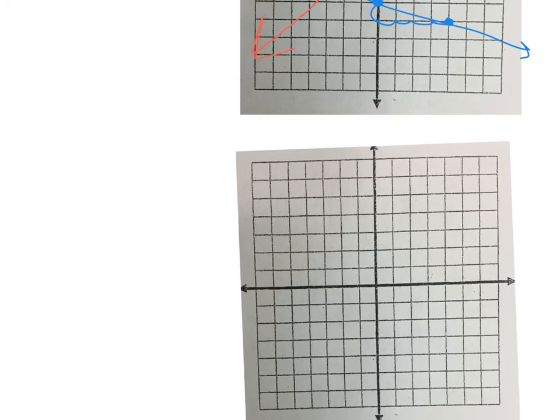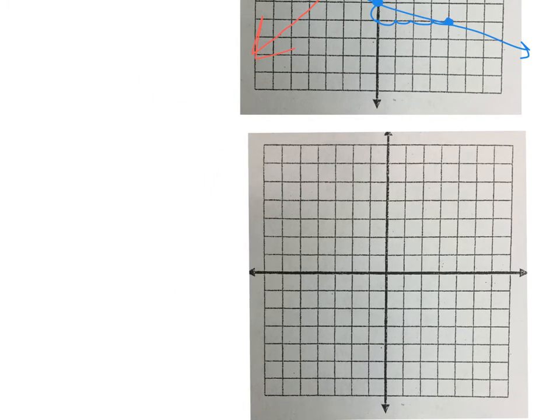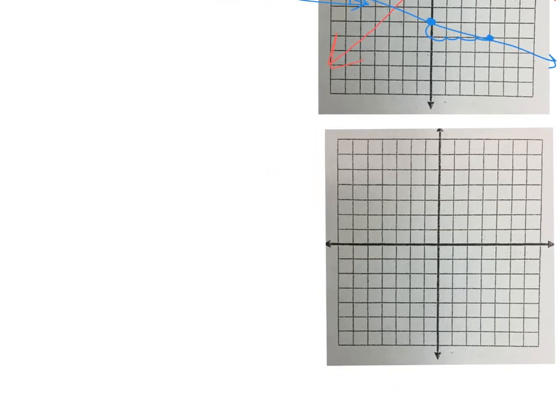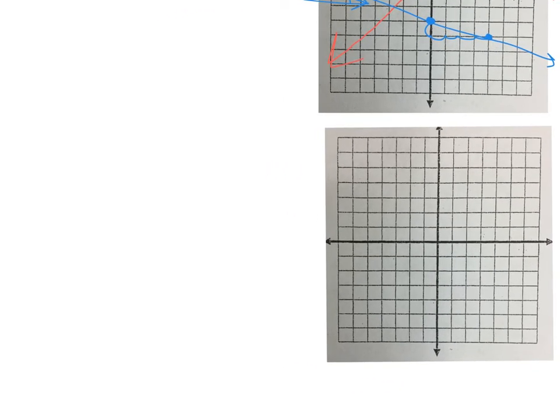Okay, let's do another graph. This time, we're going to do a different form. So let's say we are graphing y minus 3 equals -2 times x plus 3.